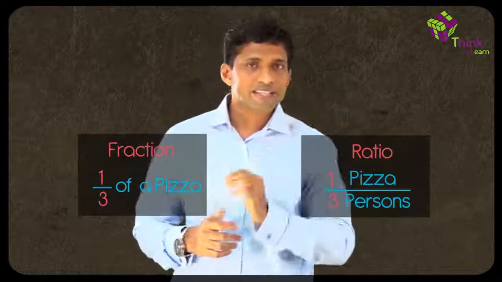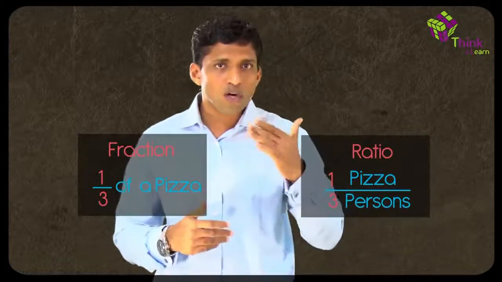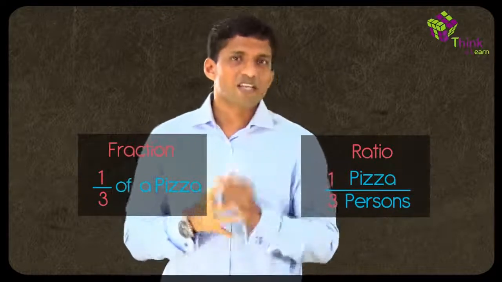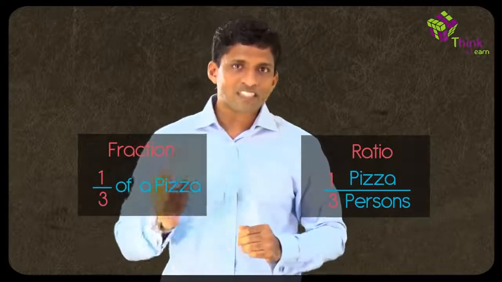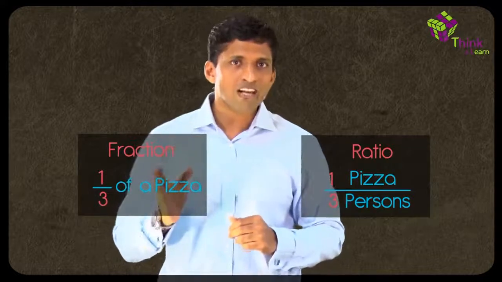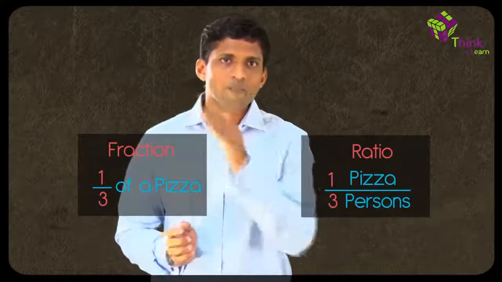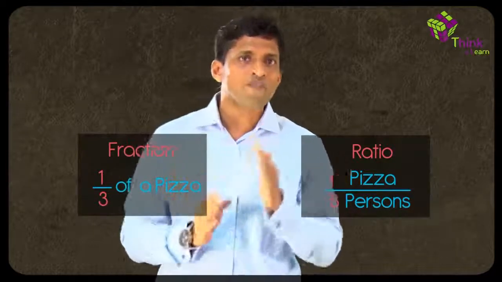Fraction and ratio are exactly the same. But if I use words, that is in terms of how we use them, there is a subtle difference. That subtle difference is, a fraction is used as a single number. Both the numerator and denominator are together as a single number. It represents 1 by 3 of a pizza.